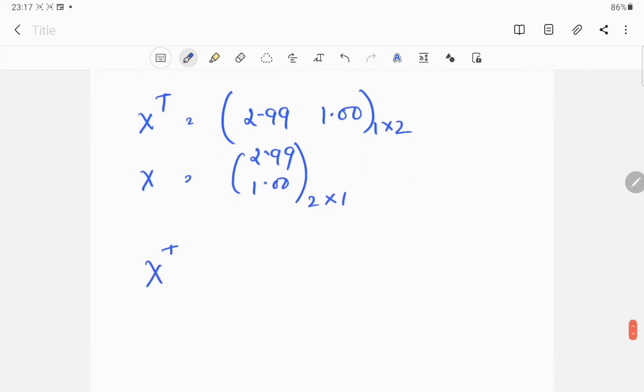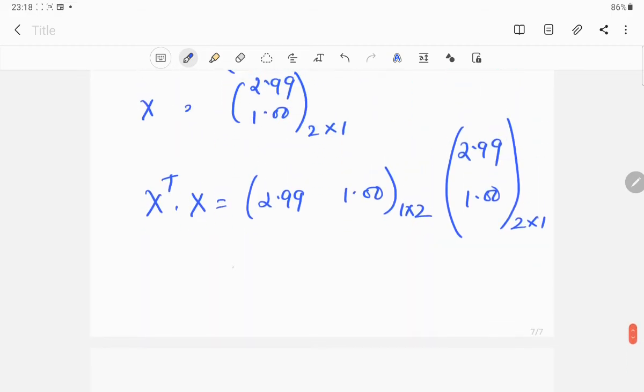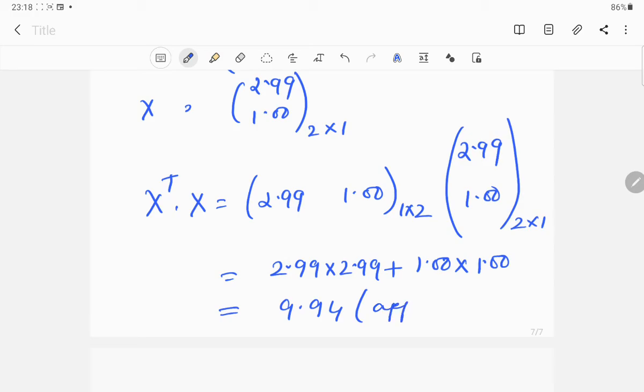So x transpose into x is again going to be a number: 2.99 into 2.99 plus 1.00 into 1.00, which is almost equal to 9.94 approximately.